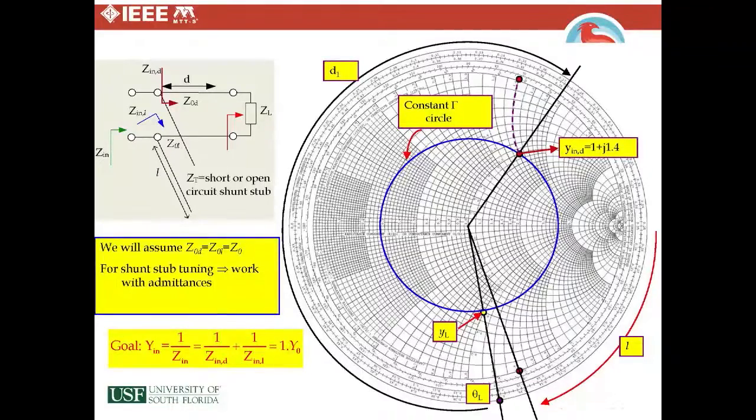Okay. So we start out in the admittance plane, and then what we did here is we drew a constant magnitude reflection coefficient circle, and as we move from the load to this position Z and D, we can go anywhere on this line depending on the distance D. So we choose a distance that brings us to this R equal to 1 circle, and then we can calculate that distance by looking at the numbers on the edge of the Smith chart and subtracting the wavelengths towards the generator numbers, if you're familiar with the chart.